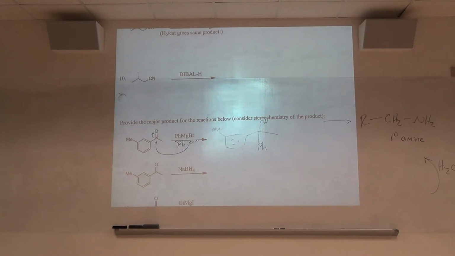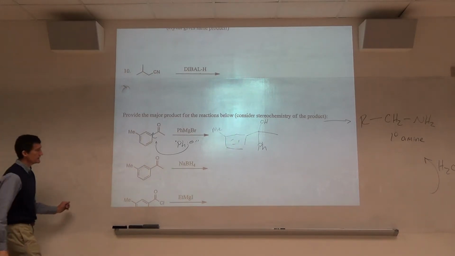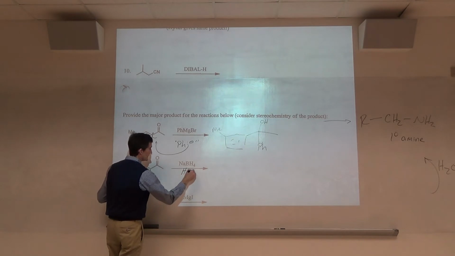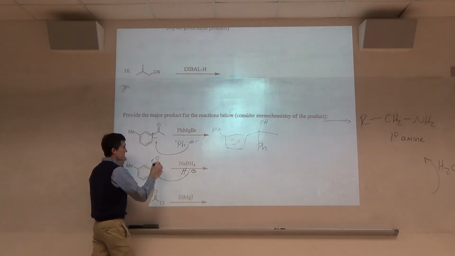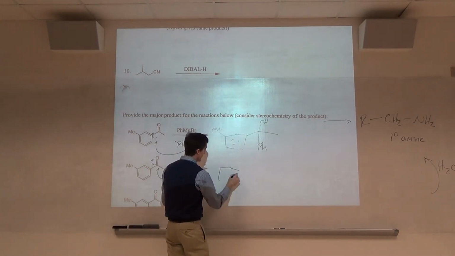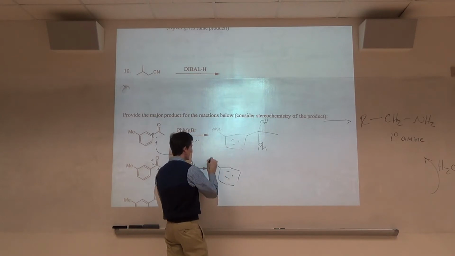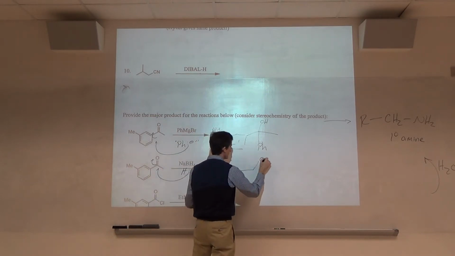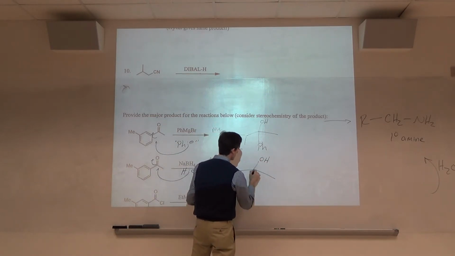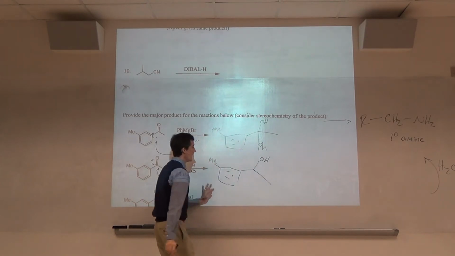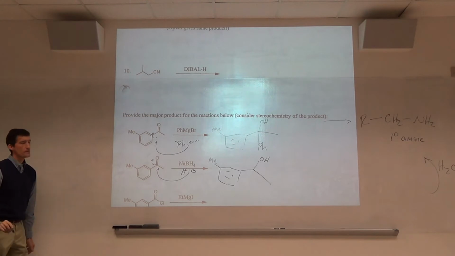How do we do? Next one, we have H minus. That's here, electrons up. We get that product right there. How do we do?